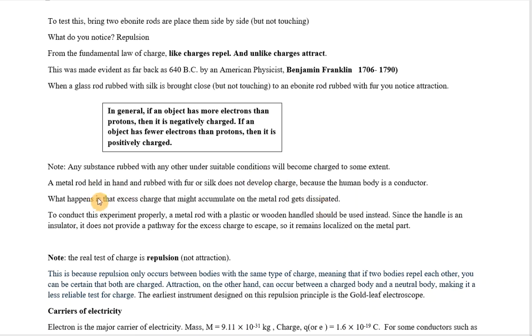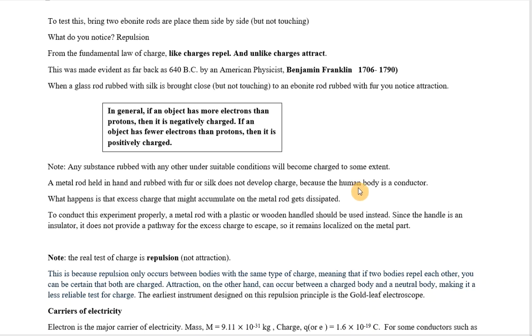So I've explained this. What happens is that excess charge that might accumulate on the metal gets what? Dissipated. To conduct this experiment properly, a metal rod with a plastic or window handle should be used.